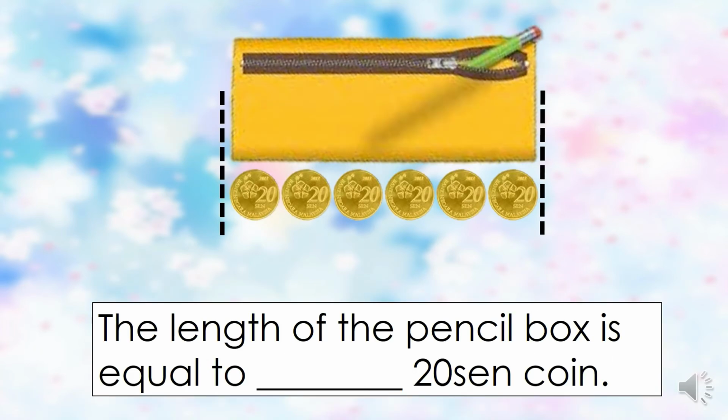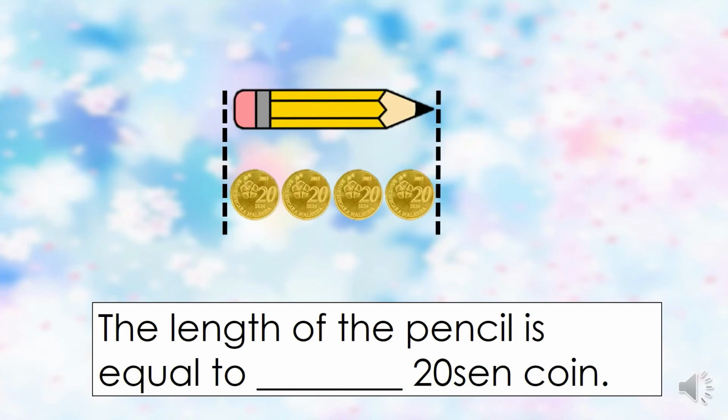Now, try to measure the length of a pencil box. The length of the pencil box is equal to how many 20-cent coins? Yes, the length of the pencil box is equal to 6 20-cent coins. Next question.